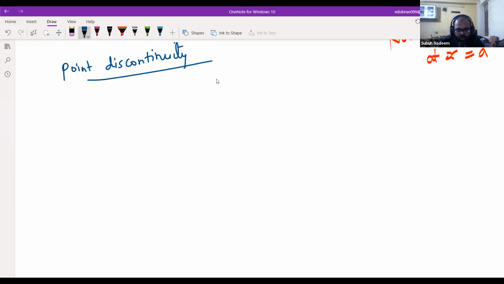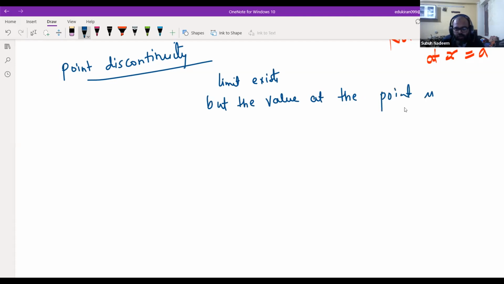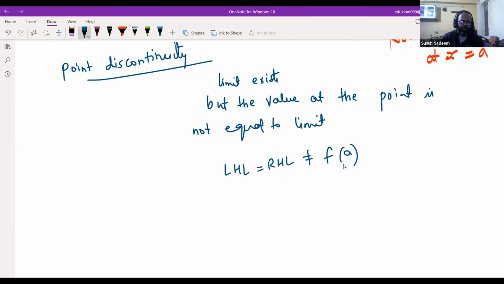But point discontinuity is that the limit exists, but the value at the point is not equal to the limit. That means the left hand limit is equal to the right hand limit, but is not equal to the value of the function at that point A. This is point discontinuity.